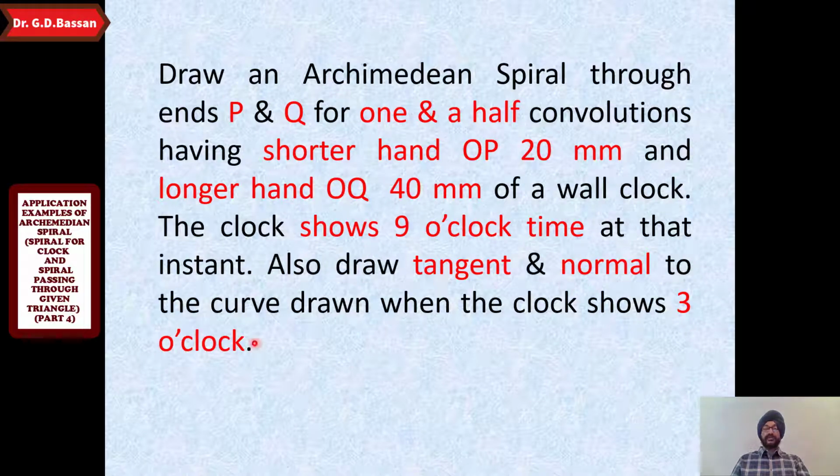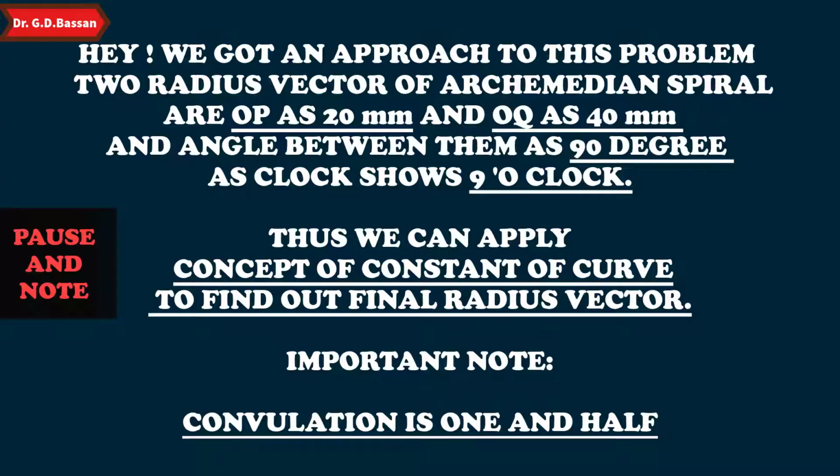Also draw the tangent and normal to the curve when the clock shows 3 o'clock. So at 3 o'clock we have to find the tangent and normal. It is similar to the previous one but with an application angle. Now one thing is that instead of one convolution, this has 1.5 convolutions.